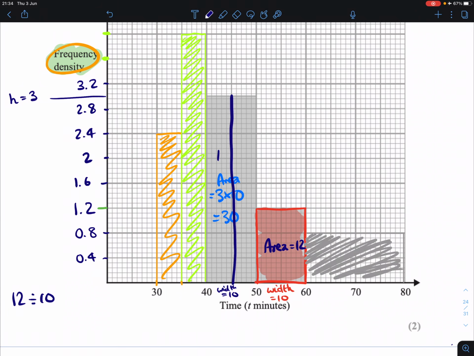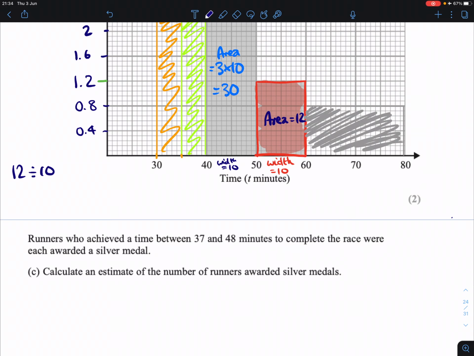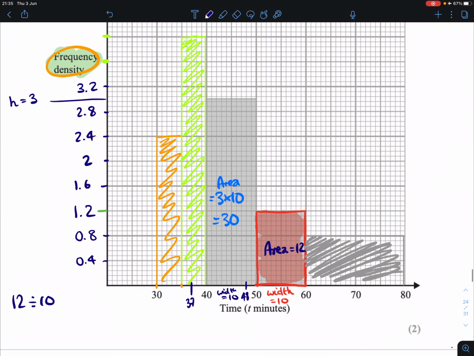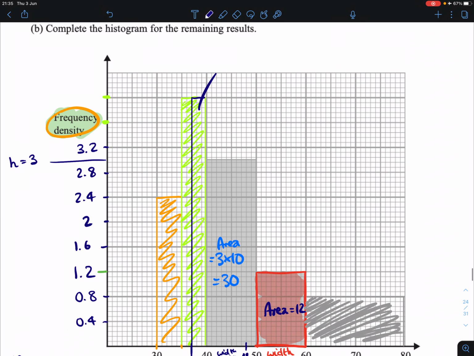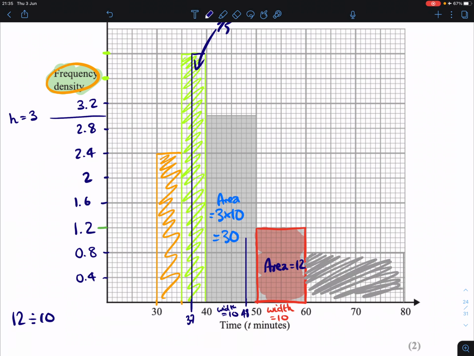For the times that we're interested in, 37 and 48, that 37 is here and that 48 is there, which means the parts of these bars that we're interested in: this in here is going to be 3/5 of that bar, and 48, that in there is going to be 8/10, or in other words 4/5 of that bar.